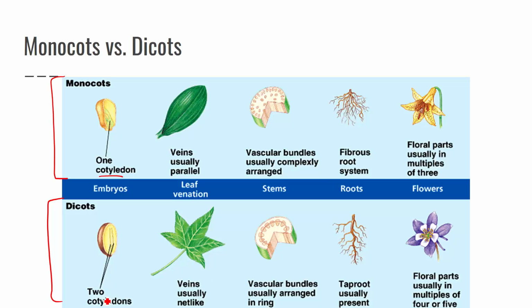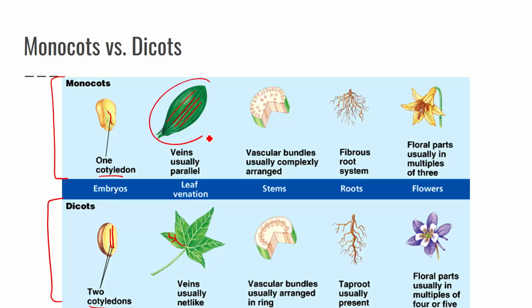One cotyledon versus two, that's a small structure inside of them. So monocots have one, dicots have two. The monocots have parallel leaf veins. The dicots have a net-like vein structure. The way that I remember this is I know that corn is a monocot, so I picture a corn leaf in my head, right?